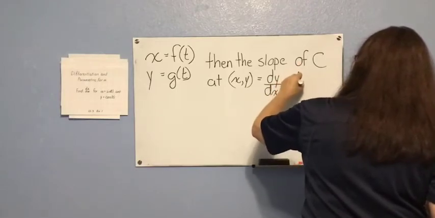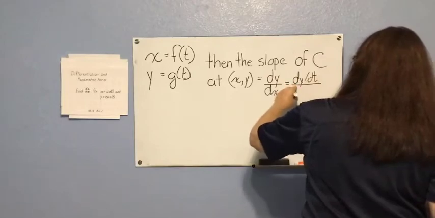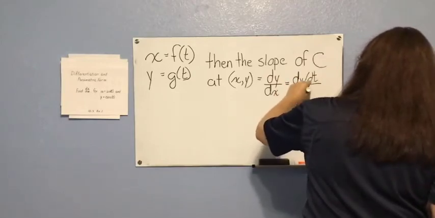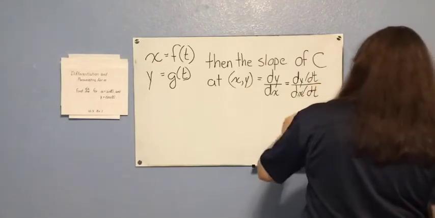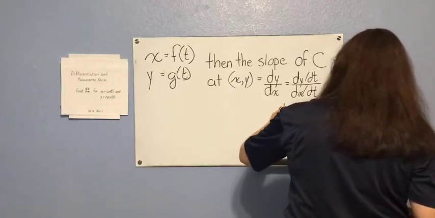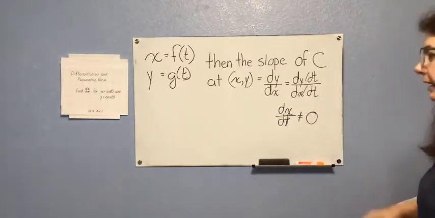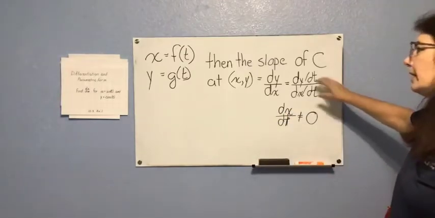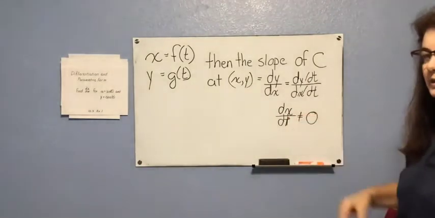But we can break this down into dy dt over dx dt. And this is, of course, assuming that dx dt does not equal 0. Okay, so this is what we're going to do. We don't have to change over into the rectangular equations to differentiate. We can differentiate this way.